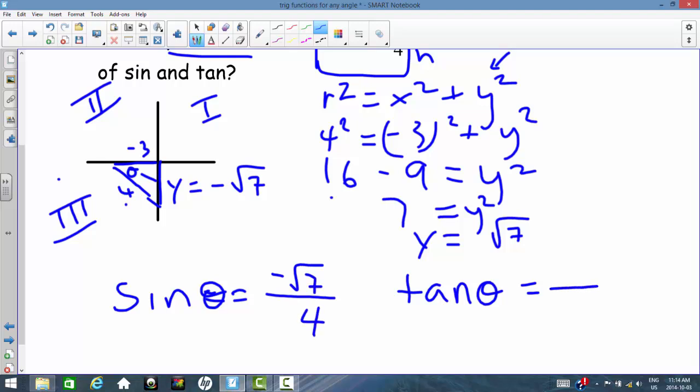The tan is adjacent, which is negative 3, over the opposite. Sorry, it's opposite over adjacent, right? Opposite over adjacent. So let's get this right. So it's opposite, which is the negative root 7, and the adjacent, which is negative 3, and that makes it positive because it's two negatives. Okay, so root 7 over 3.